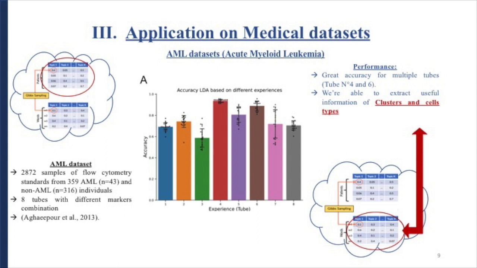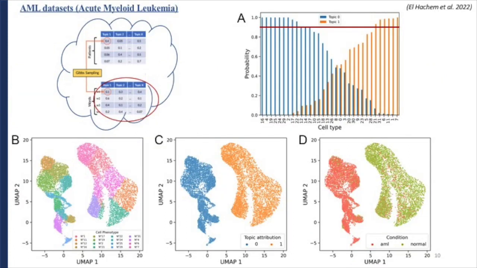And so we can investigate the probability of a word, which is the cell phenotype, to be inside the topics. When we investigate this, we found that some phenotypes of cells are highly probable in topic number 1 and topic number 0.